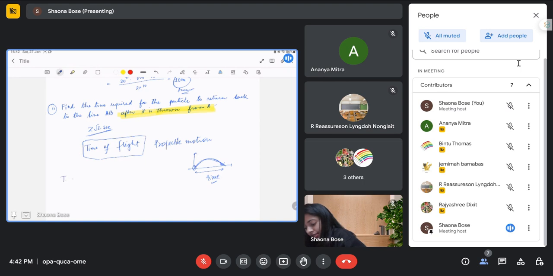So this time of flight t is given by 2v sine theta by acceleration. Now tell.